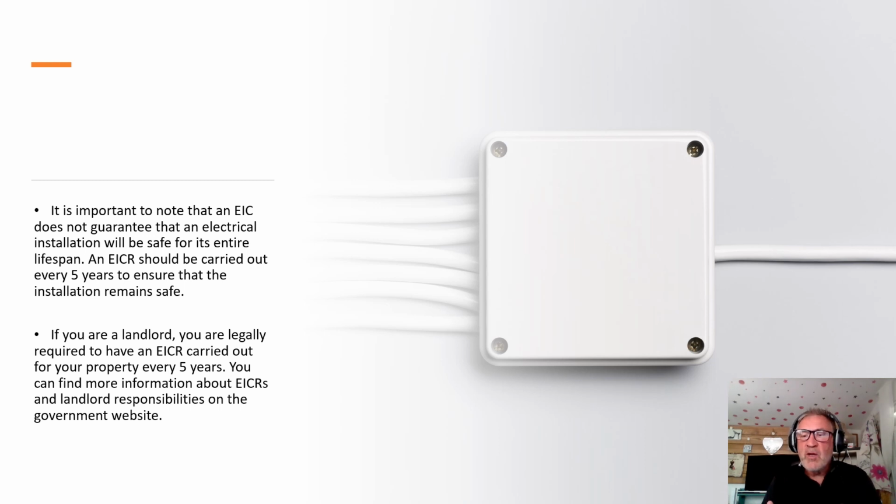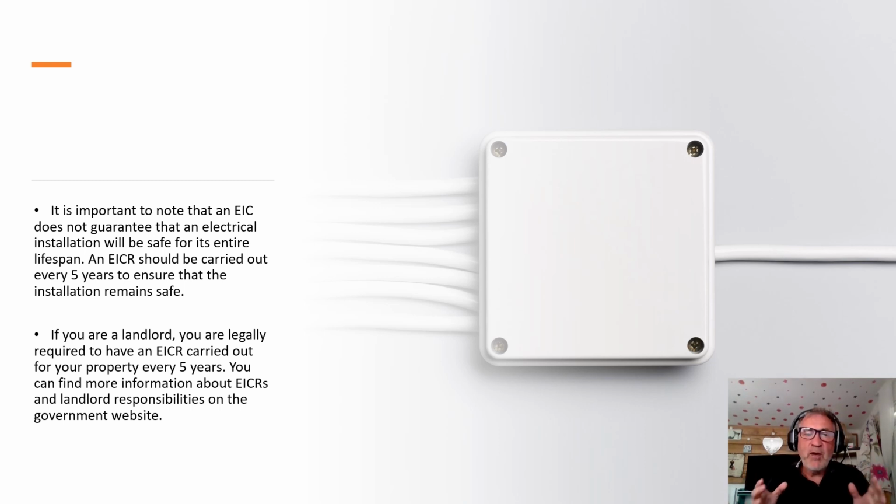But if you were asked how frequently you should have your electrical circuits tested, say for example by a customer, and there's no record of any previous test, an electrical installation condition report should be carried out every 5 years. So in the absence of any other certificates to show when the installation was actually installed and commissioned, it's reasonable to say you should have it checked, inspected and tested every 5 years.